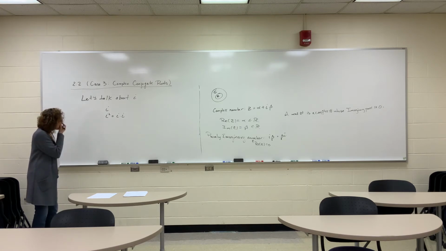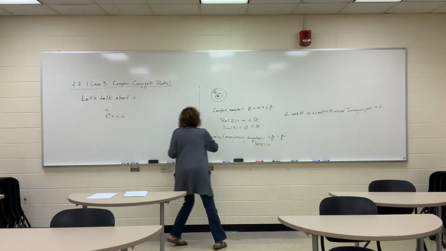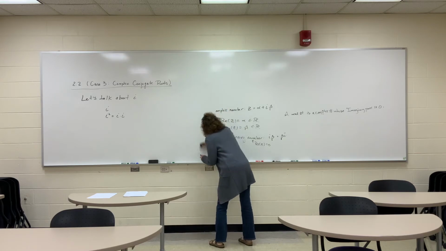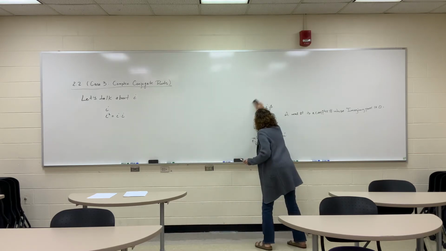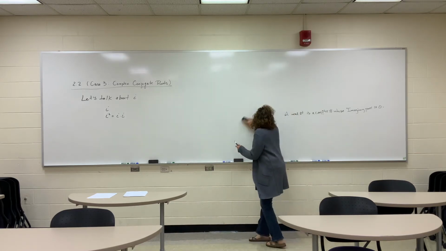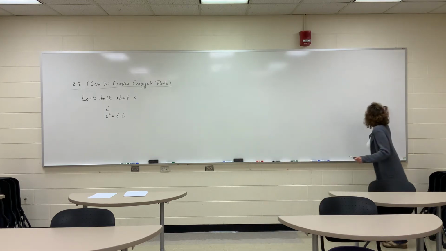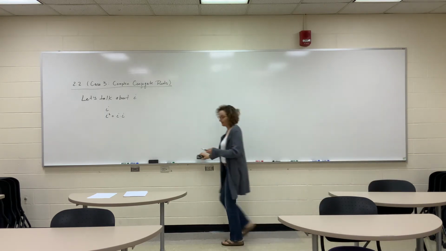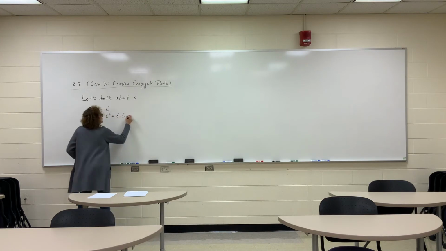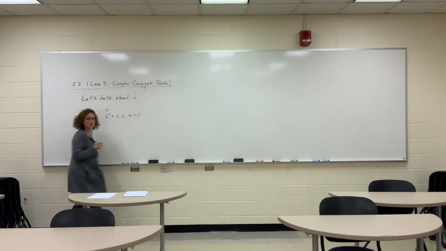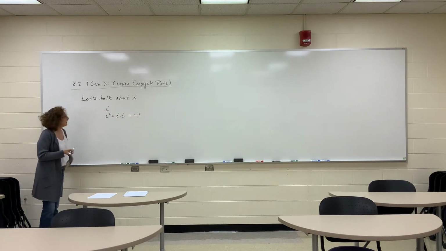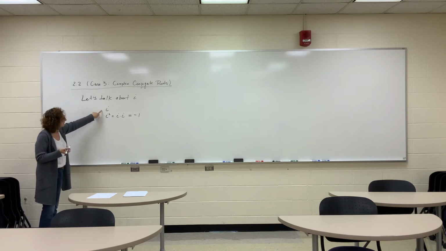Now, what is i squared? Good. I think I heard it out there. We usually say i squared is -1. i squared is -1, which is why we often write i as the square root of -1, because that makes sense to go from here to there.